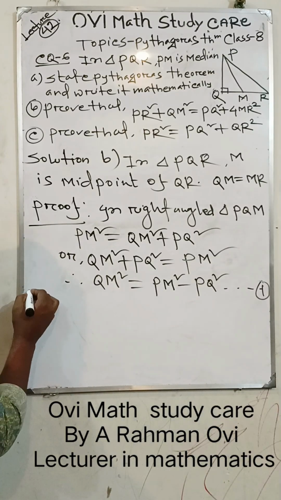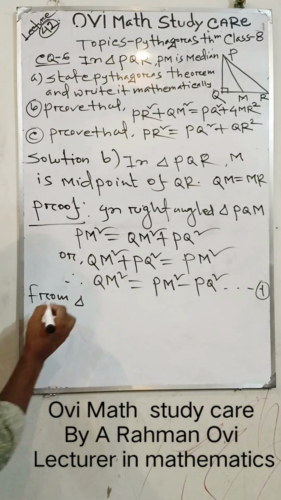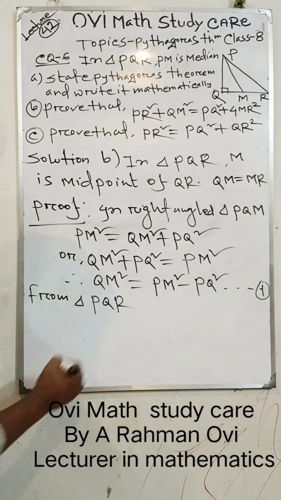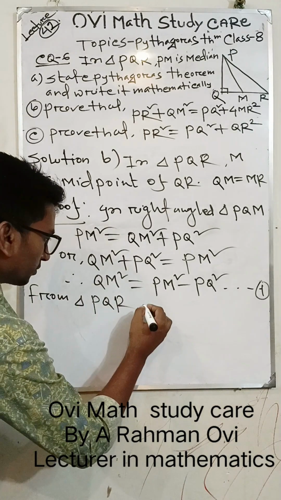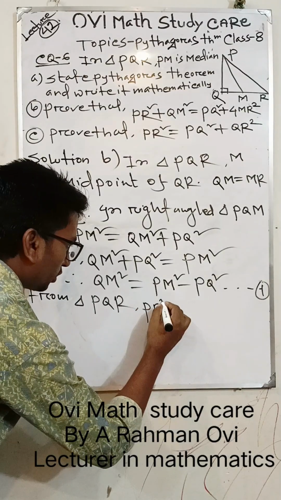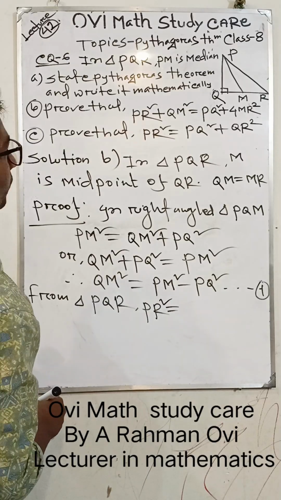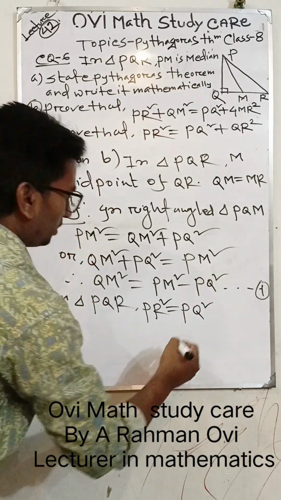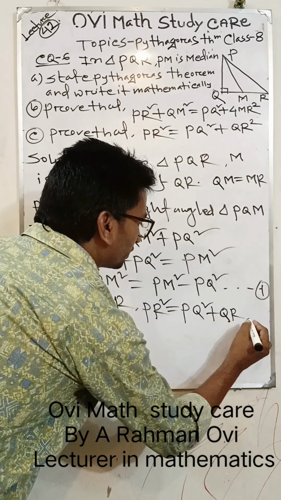Next, from triangle PQR, according to Pythagoras theorem, we can write PR square equal to PQ square plus QR square.